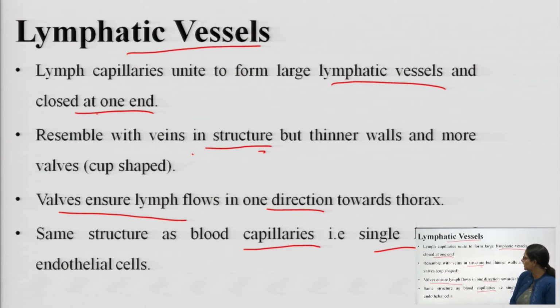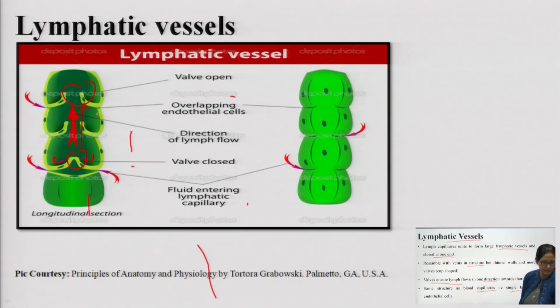Now, in my next slide there is a description of the lymphatic vessels. Lymphatic vessels are the combination of the lymphatic capillaries. They are closed at one end and resemble veins in structure, but have valves that prevent backflow. They allow movement towards the thorax, and like the blood capillaries, they have a lining called endothelial cells.